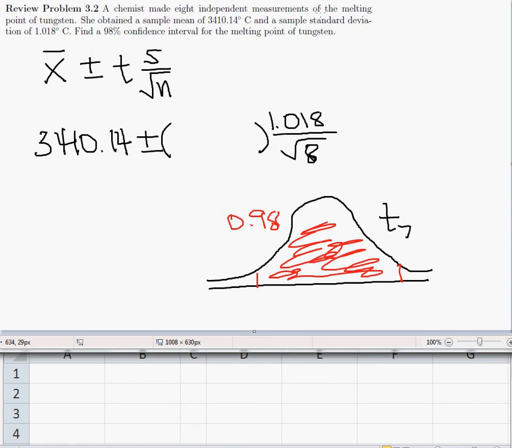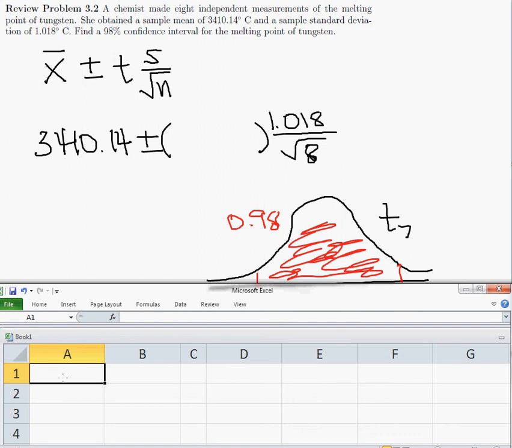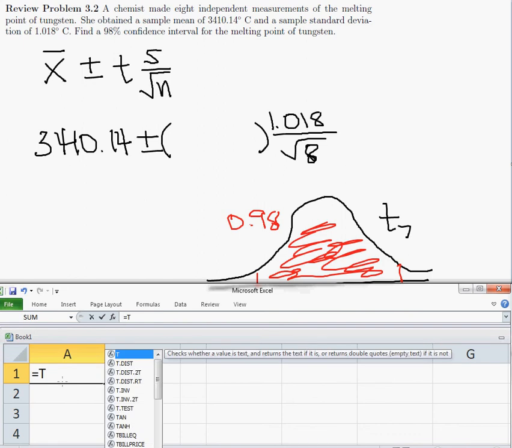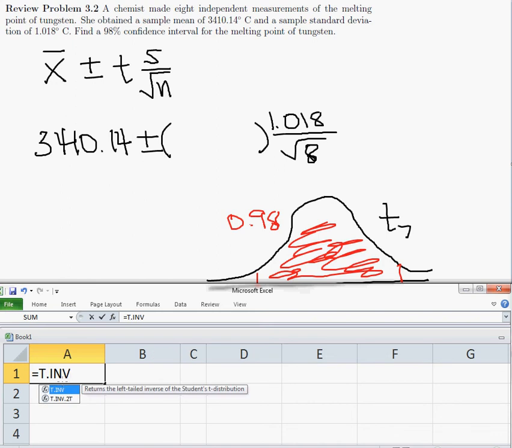Okay, so to do that, we either use the table in the back of the book or else use Excel to figure out what the critical value is to get that. In our case, there's a couple of options we could use. We have t.inv. If I use t.inv, I would use t.inv 0.01 with 7 degrees of freedom, so that 1% of the area lies to the left, and 99% of the area lies to the right, so that 98% lies in the middle.